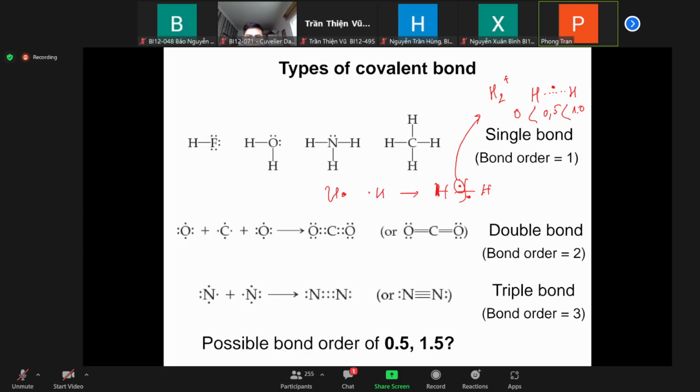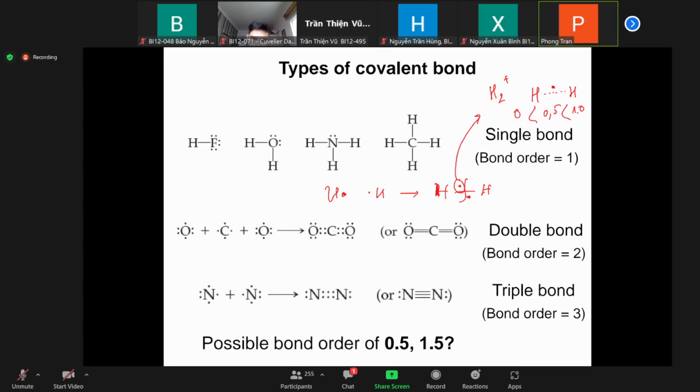Wu? Yes. So if we compare the strength and the length of the bond between the H2 and H2 plus, which one will have longer bond and weaker bond? I think H2 plus will have a longer bond and also weaker.